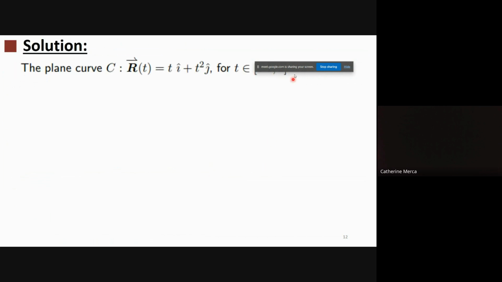Now the plane curve is given by r of t equals t i plus t squared j for t within the given interval -1 to 2.